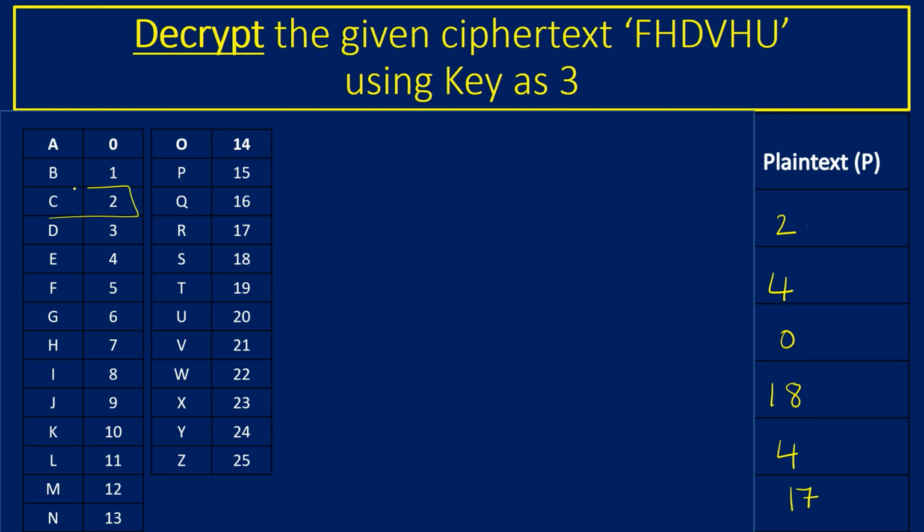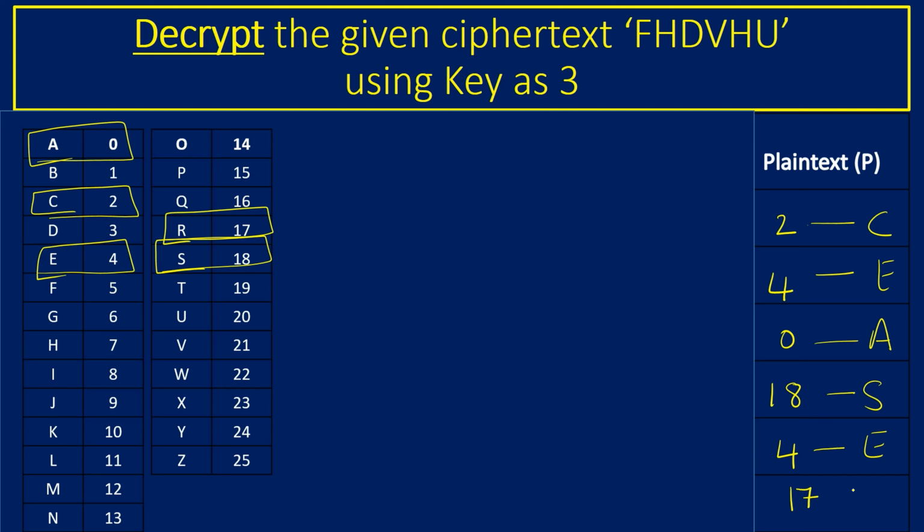So number 2 corresponds to alphabet C, number 4 corresponds to alphabet E, 0 corresponds to alphabet A, 18 corresponds to alphabet S, 4 corresponds to alphabet E, and 17 corresponds to alphabet R. So as you can see here, for the ciphertext given as FHDVHU, we have recovered our plain text as Caesar. So we have recovered the plain text back.